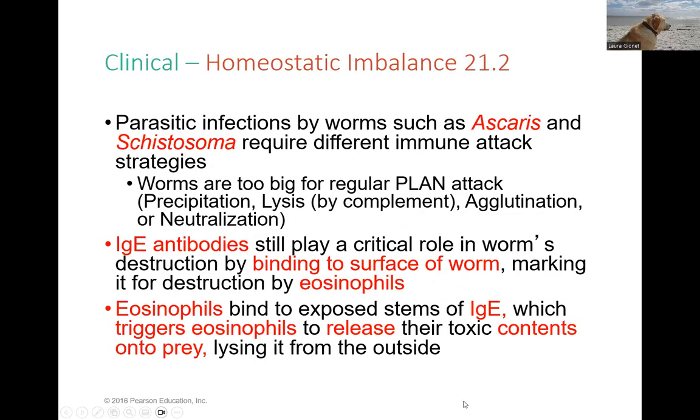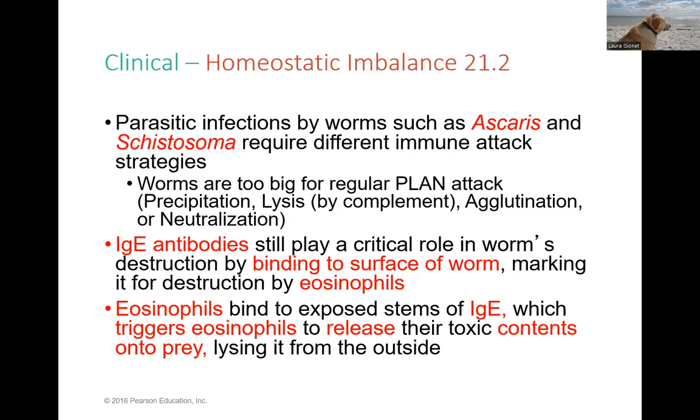Okay, homeostatic imbalances. Parasitic infections by worms such as Ascaris and Schistosoma require different immune attack strategies. Some worms are too big for the regular complement attack, precipitation, lysis, agglutination, or neutralization. So IgE antibodies can still play a critical role in the worm's destruction by binding to the surface of that worm.